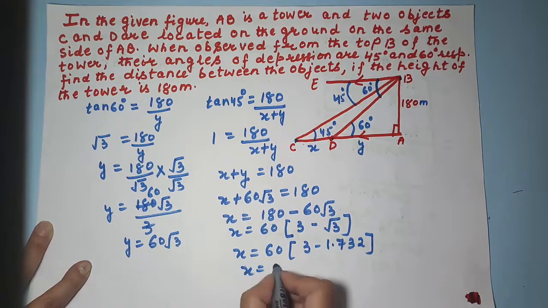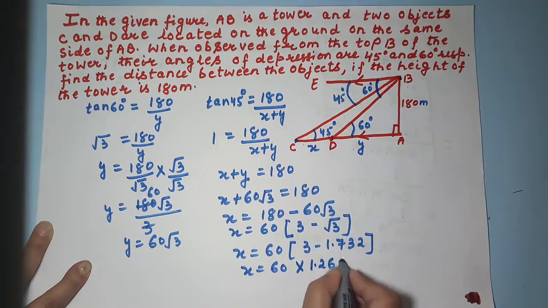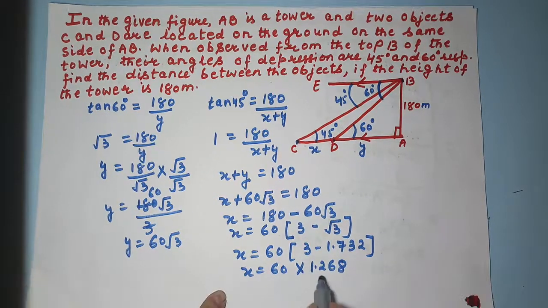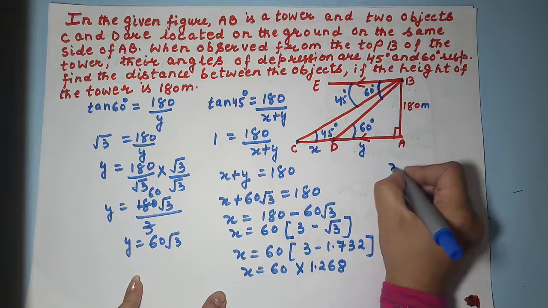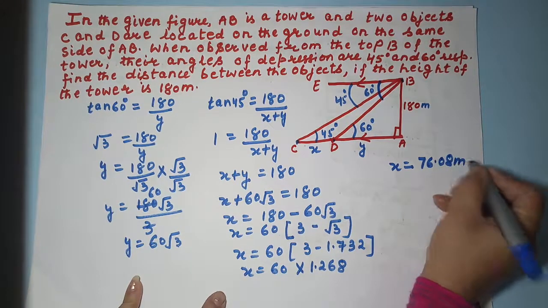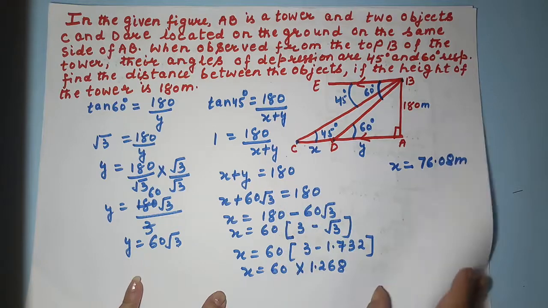So x will be 60 into 3 minus 1.732, which is 1.268. So if I multiply 60 into 1.268, it gives me 76.08 meters. Right? I have found the distance between these two objects.